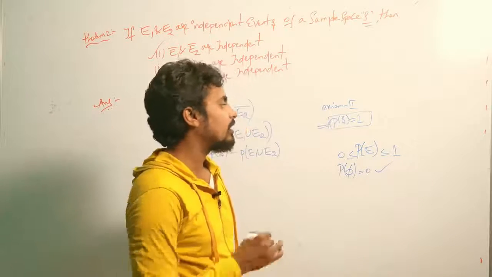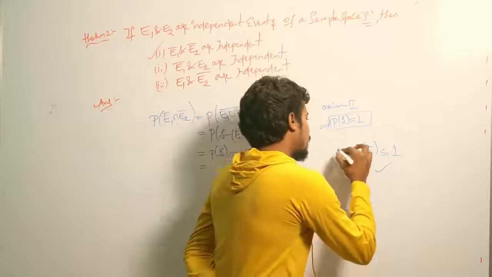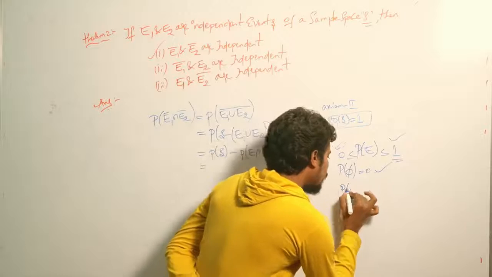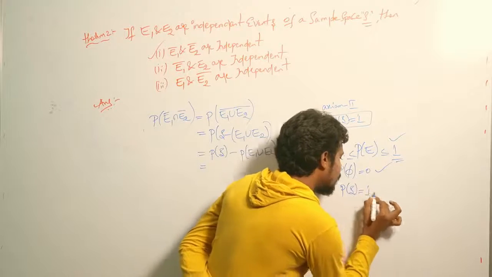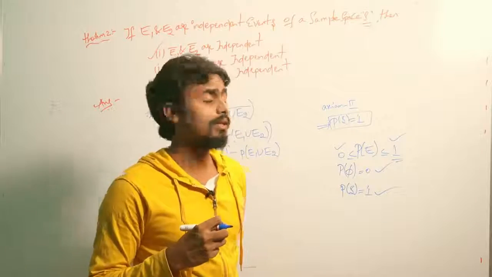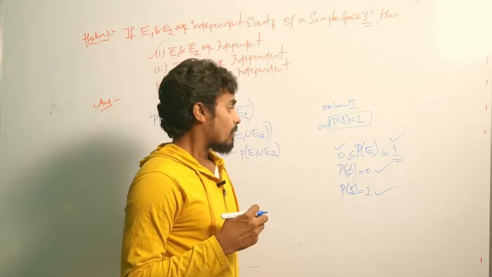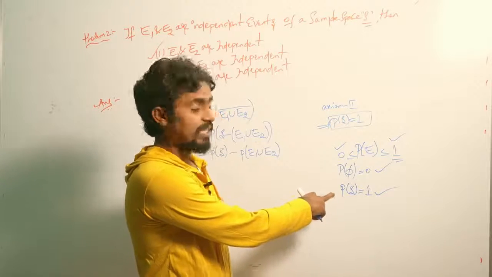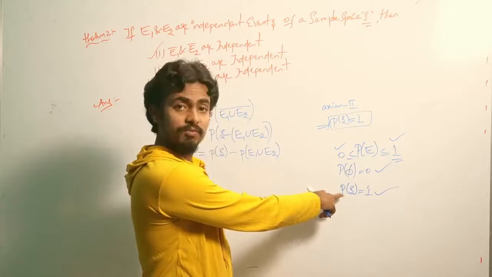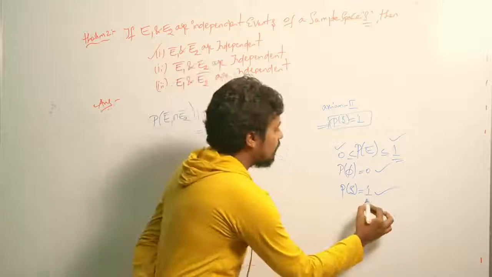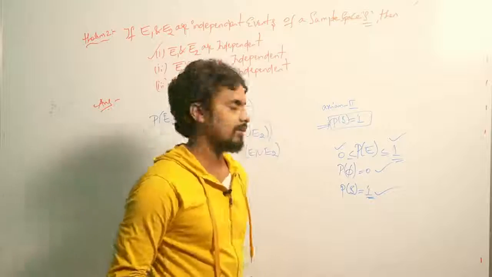And similarly, if I take the sample space, what will happen? P of S is equal to 1. That means all the events present in the sample space, that will be the maximum, and you will get the value as 1.